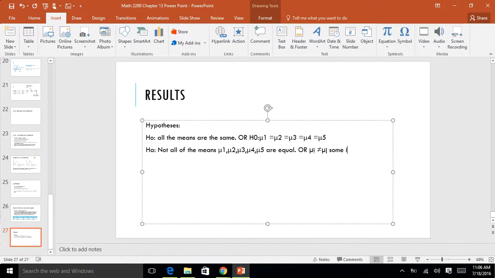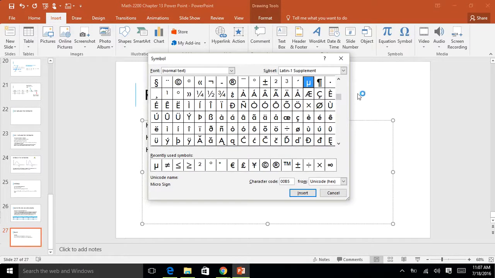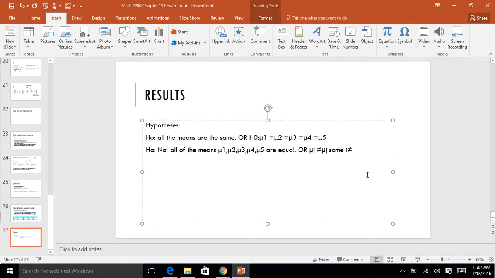I'll be honest with you, I don't like this one. I'm just showing you because the book does it. I'm more for the first one, mean 1 equals 2, 3, 4, 5, and then my alternative being not all the means are equal. Okay, so those are my hypotheses.